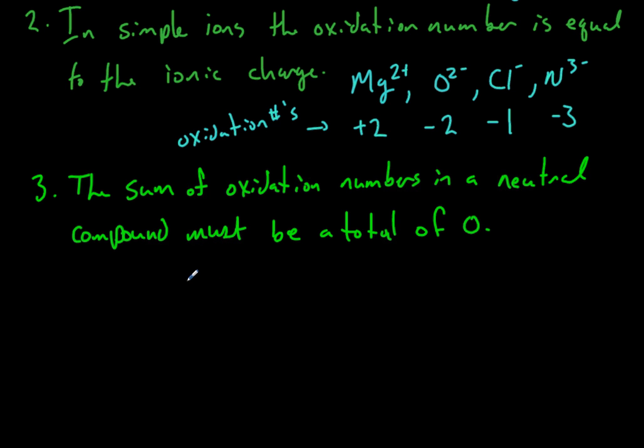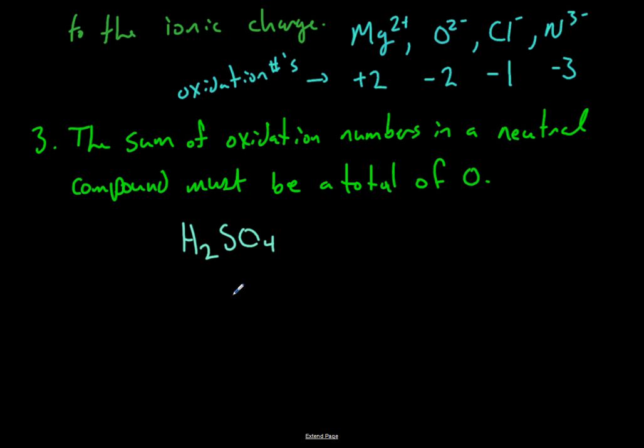I'm not sure if we should try one right now. Maybe we should. Okay. What if I were to write out something that looks like this? Well, we would know in total, right, the oxidation numbers have to add up to 0. Okay. This might not make total sense just right now, but when you come back and look at it, it probably will.